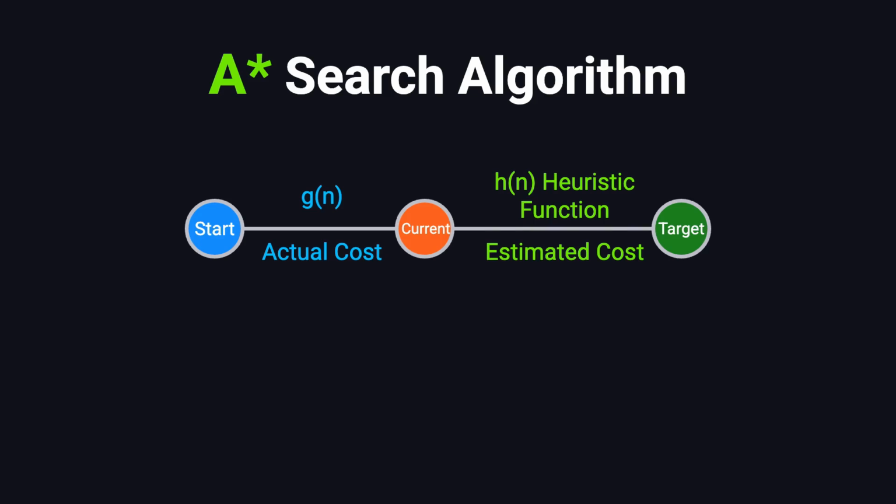Every time A* chooses the next node to explore, it calculates a score. f(n) equals g(n) plus h(n). Here, g(n) is the actual cost from the start to the current node, and h(n) is the estimated cost from that node to the goal. In other words, A* tries to balance how far we've come with how far we think we still need to go. This makes the search more focused and goal-directed, a lot like how humans instinctively find their way.